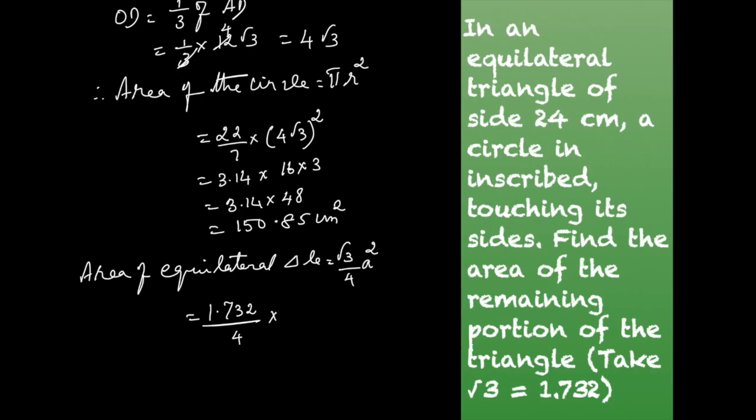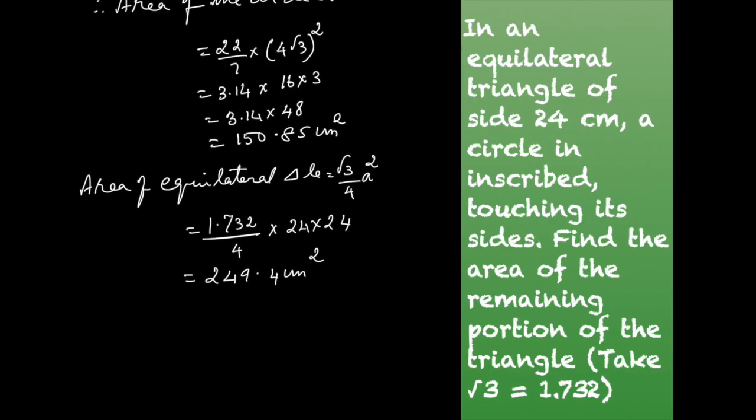Here what is my side A? 24 into 24. If I simplify this, I get 249.4 centimeter square.